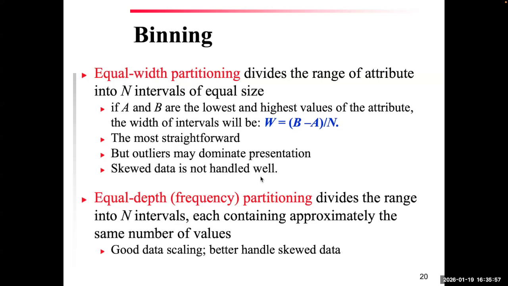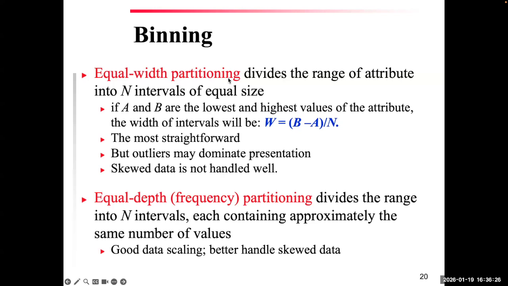This reduces the noise because individual values are pulled toward a more common value. Our goal is to reduce the fluctuations or noise by grouping the nearby values together. I'm going to explain these two types, equal width and equal depth.